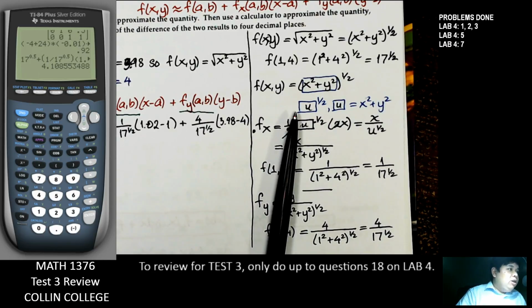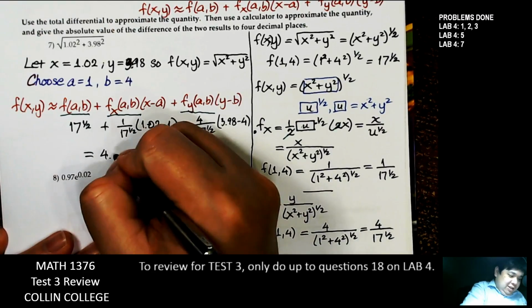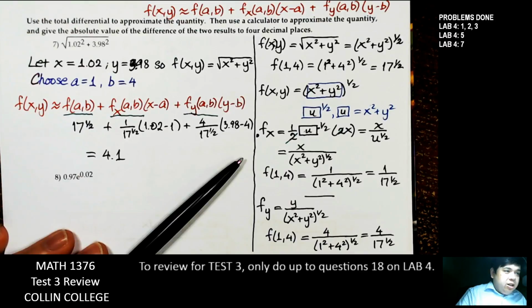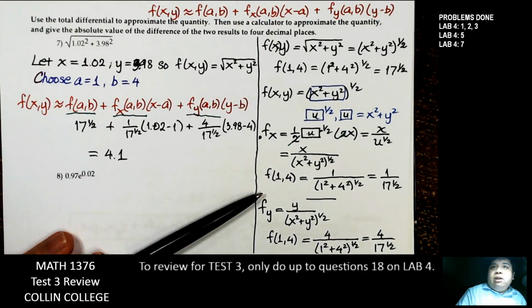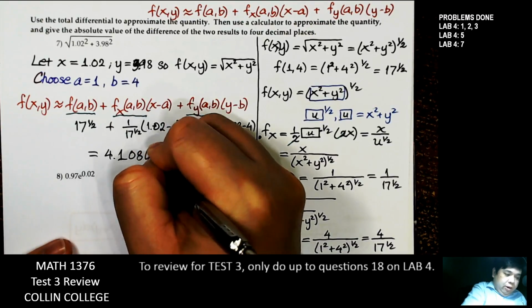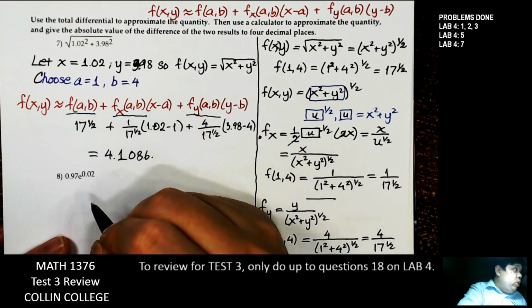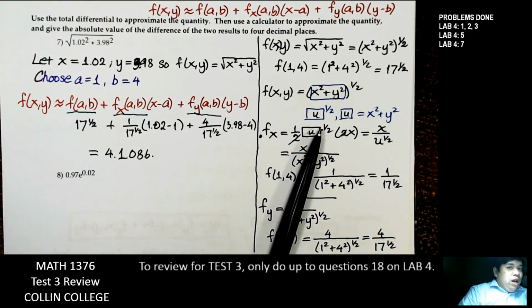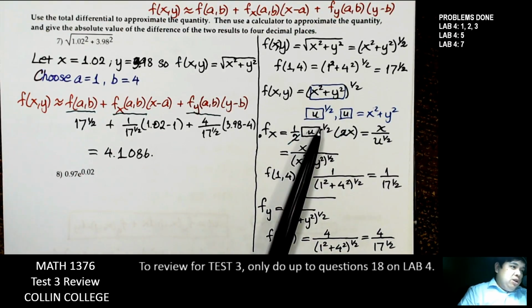Sorry, wrong one. That is 0.86. Right. On the test, that's as much as we go. We just need to approximate the values of the function. So there's no need to find the actual values and compare.